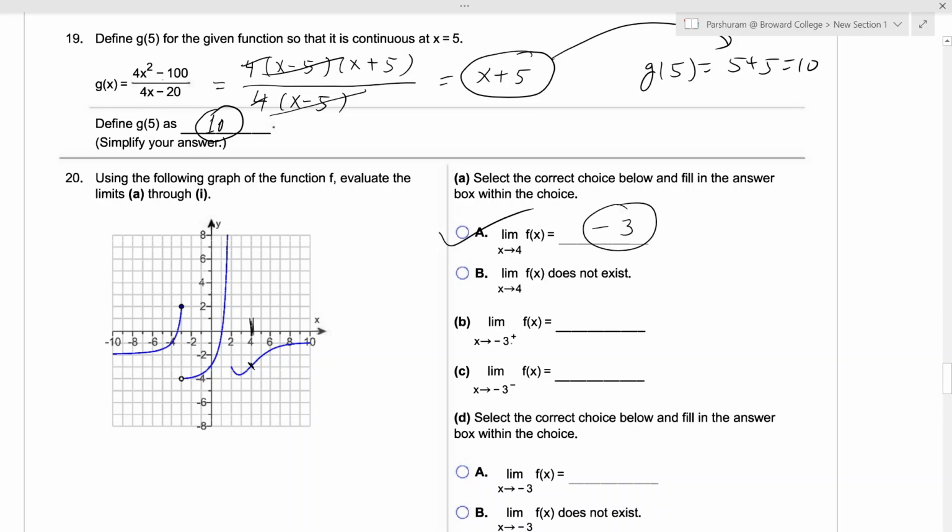When x approaches -3 from the right side, -3 is here. From the right side means this side.